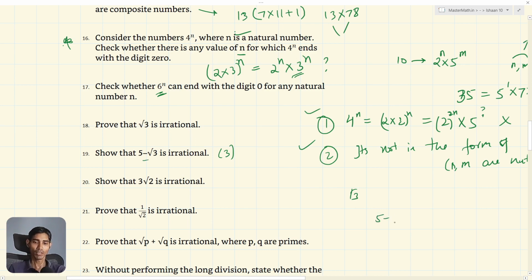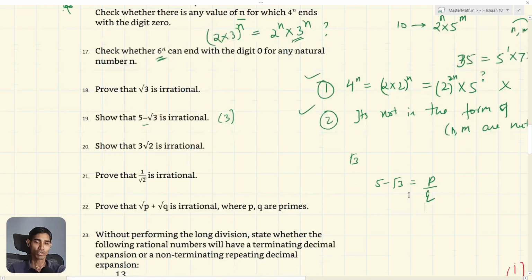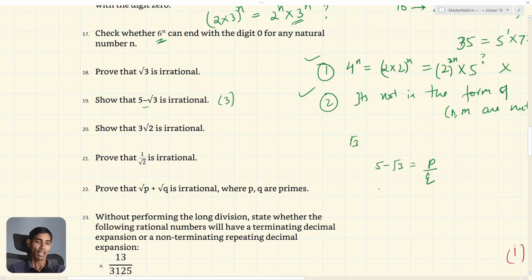So, 5 minus root 3 is equal to p by q, assuming 5 minus root 3 is a rational number. Then keep everything that you know for sure is rational on one side, like 5 and p by q, and everything irrational on the other side. So 5 minus p by q is equal to root 3.